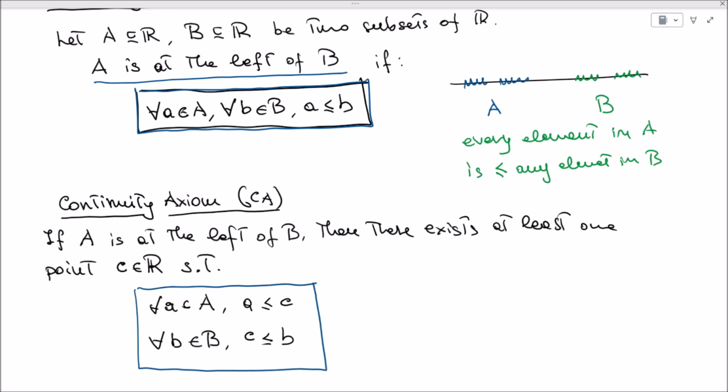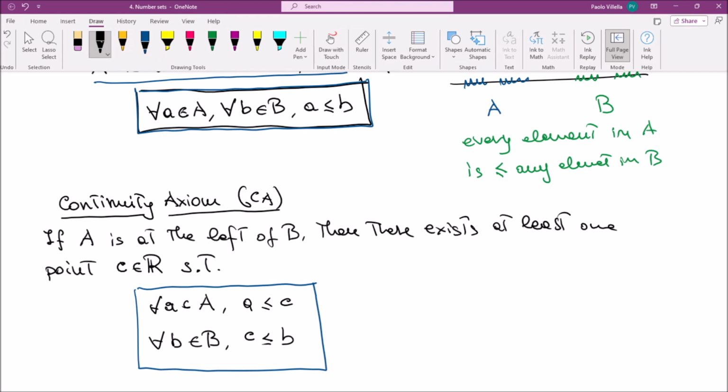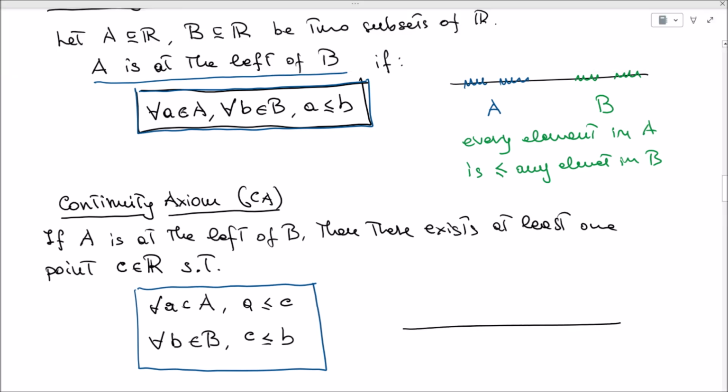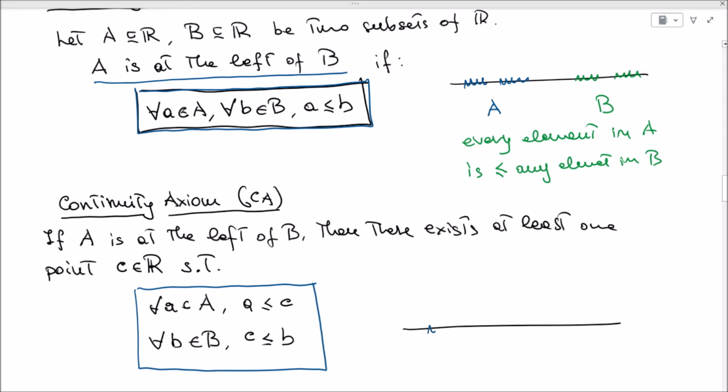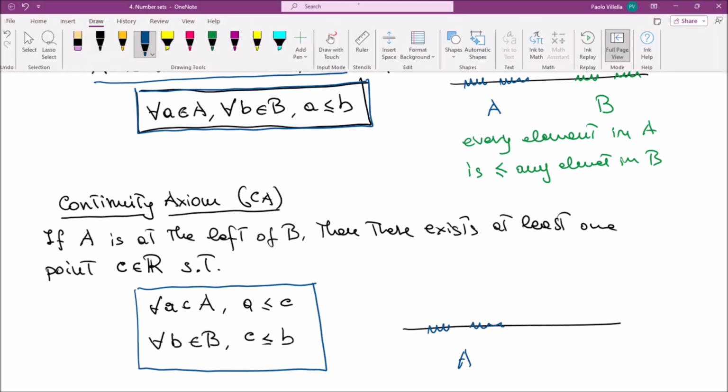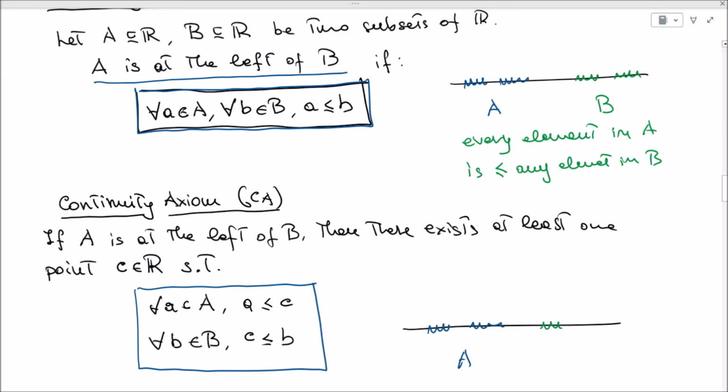These are the properties of this point C, which is just like saying, okay, we have the real line, we have A here, and we know that A is to the left of another set B, whatever it is.